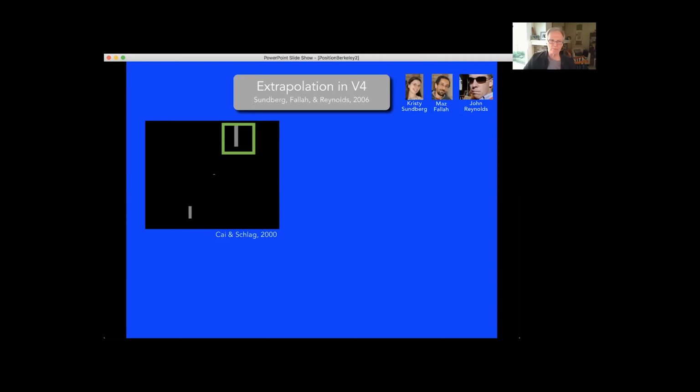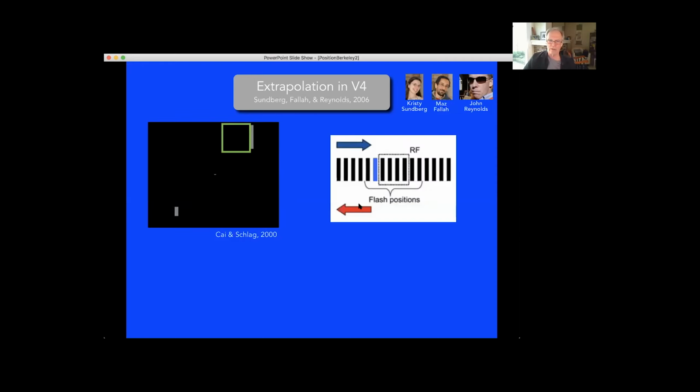Some of them are color selective, and you notice that the bars that are flashed are colored, so really in most cases what they were getting was a response to the color. So you see here, the receptive field is that box, and the path is these different positions, and then there's a flash. At some point there's a flash, and the flash can be before or inside the receptive field.